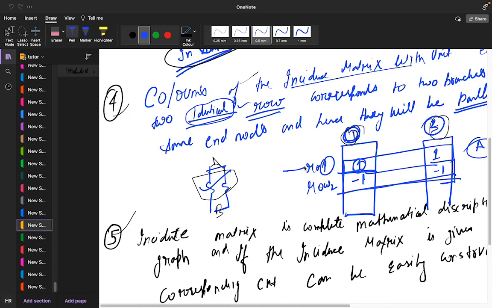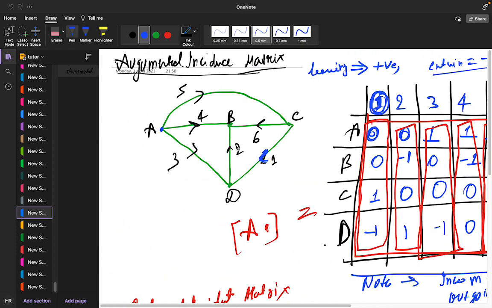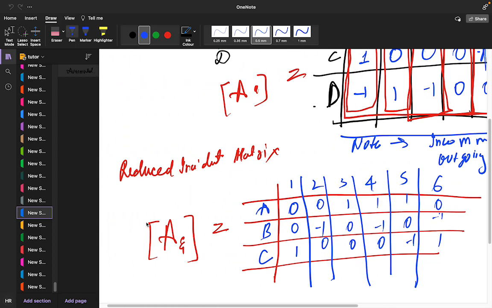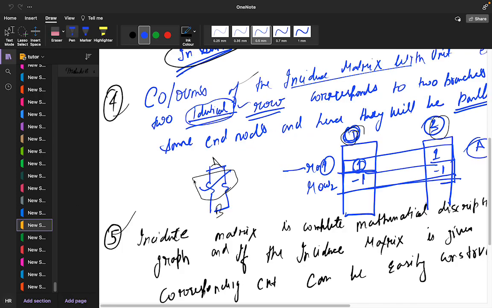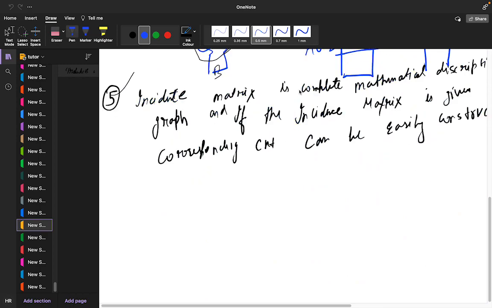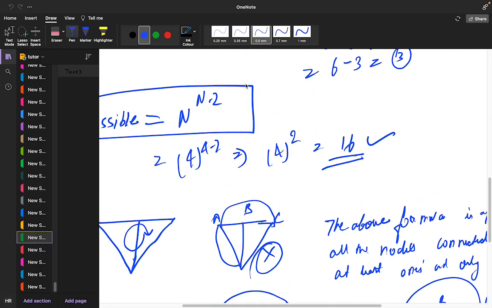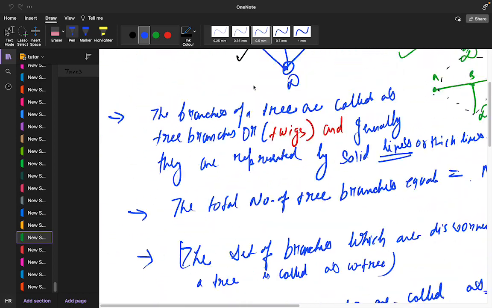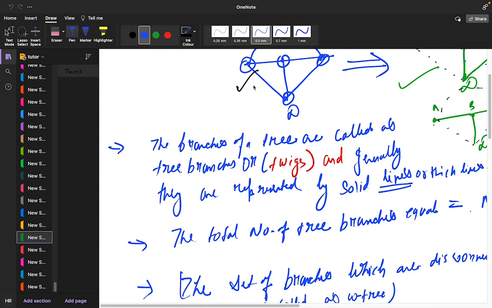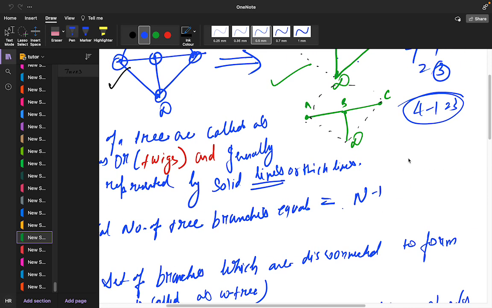I will give you one example of this. And this is the augmented incident matrix, how to find it, I told you. And this is your reduced incident augmented matrix. I taught you about the trees. What are trees? The concept of trees. So this is your tree. And what are co-trees? The total number of tree branches is n minus 1.